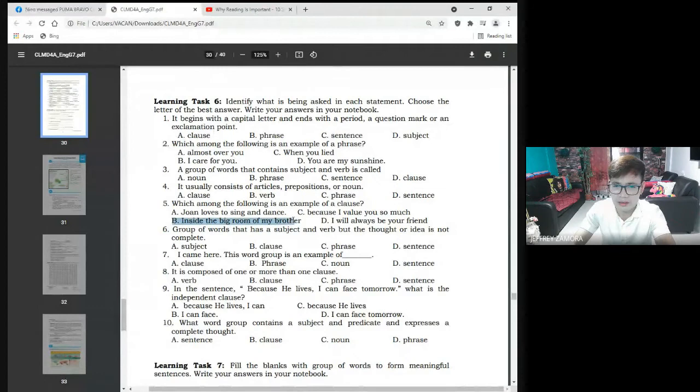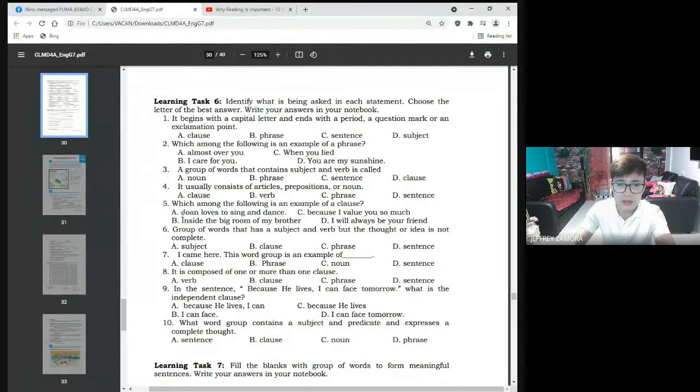This one is not a clause. So here letter A is a clause, but this is a dependent clause. The question here is not good. Which among the following is an example of a clause? What kind of clause? Dependent or independent? Right? What I taught was dependent and independent, because there are two kinds. Letter A is an example of a clause.